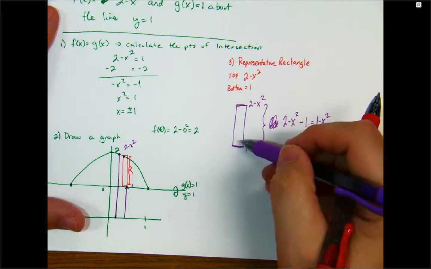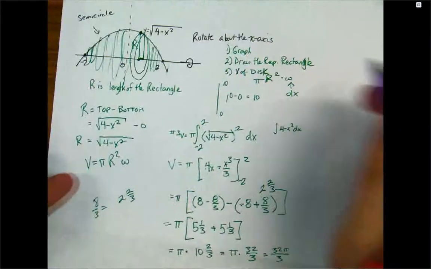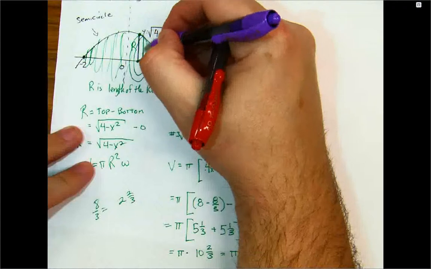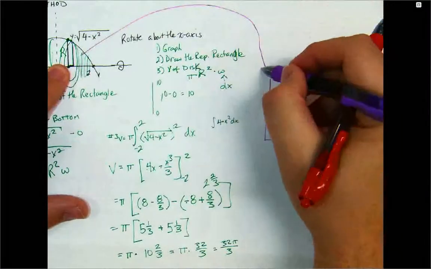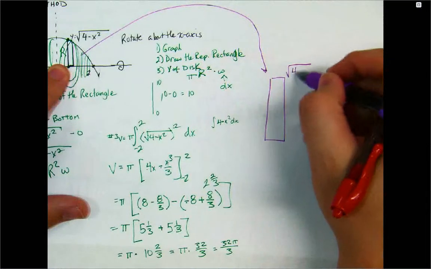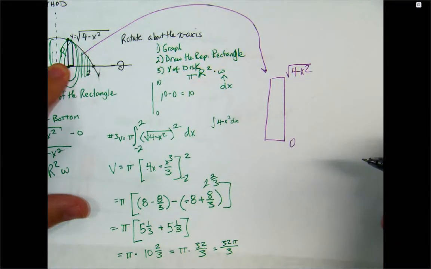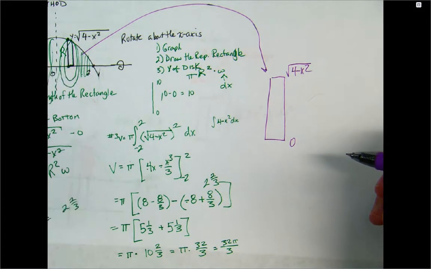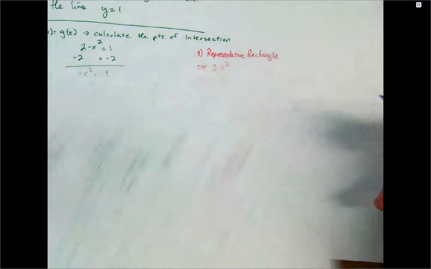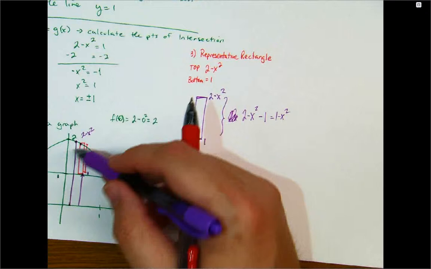In the original problem, with this rectangle here, if that was our rectangle, that was the square root of 4 minus x squared, and that was 0. Yeah, we were rotating about the x-axis, and that's fine. You're thinking about washers right now, but you don't know that you're thinking about washers. Right now, since we know we're rotating around this axis, we just really care about the size of the rectangle.